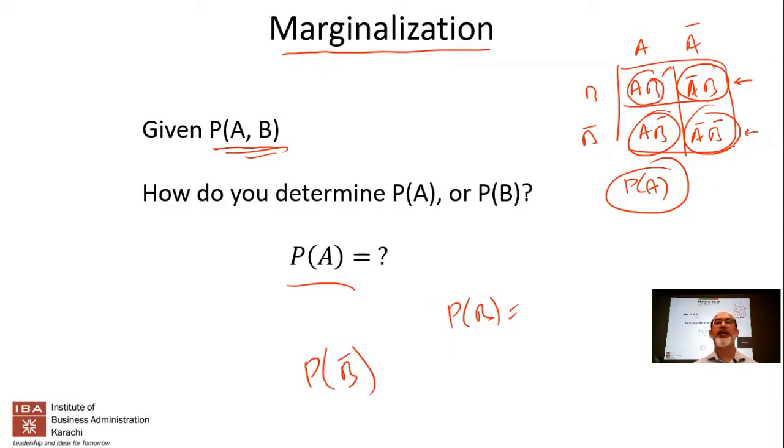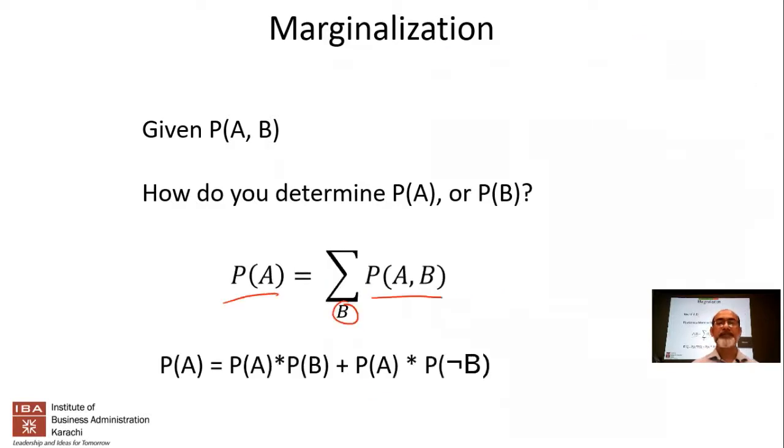You would simply sum over with B bar given, you would sum over the other values of A. Okay, so this is how you do it. Probability of A would be probability of A multiplied by probability of B plus the probability of A multiplied by the probability of B bar, assuming that B and B bar are the only two possible values. But if there are more values of B, you'd sum over all the possible values of the other variable to be able to get the marginal probability of the first variable. Okay, so hopefully that's clear.